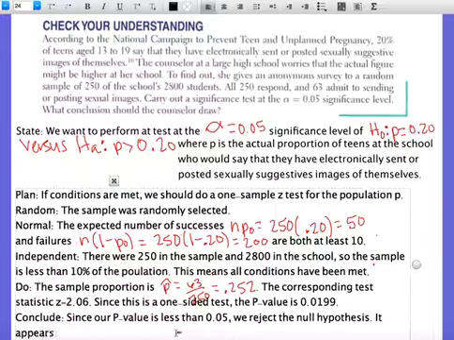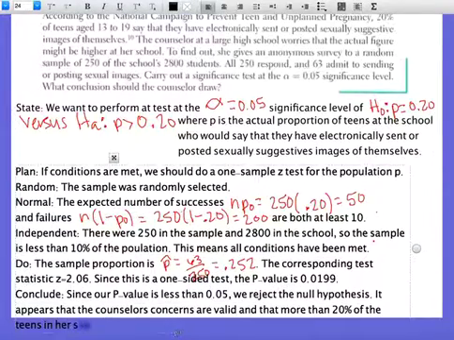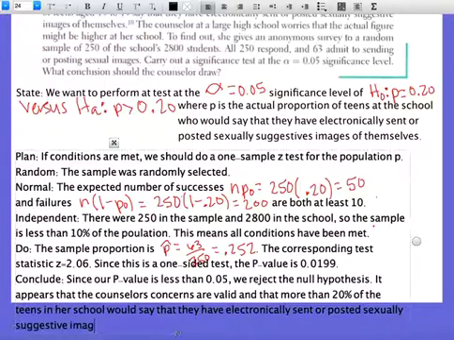So we would say it appears that the counselor's concerns are valid and that more than 20% of the teens in her school would say that they have electronically sent or posted sexually suggestive images of themselves.